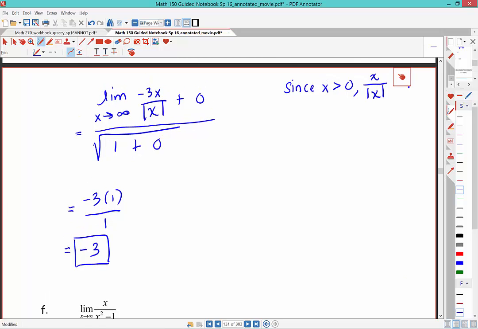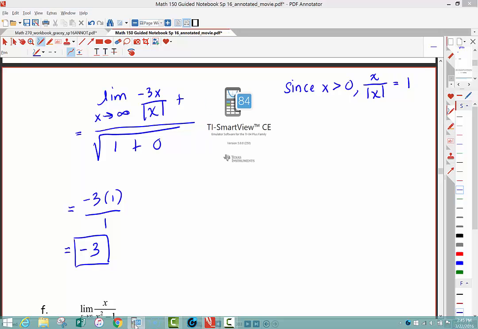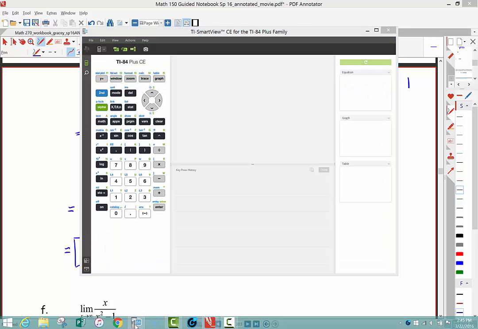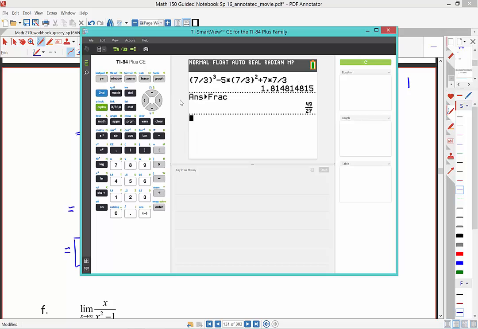Now, what would have happened if we had looked at this graph and we had also evaluated the limit as x approaches negative infinity? What would we have seen? Good. What we would have seen is two horizontal asymptotes, one at y equal to negative 3, which we just found, and the other at y equal to positive 3.